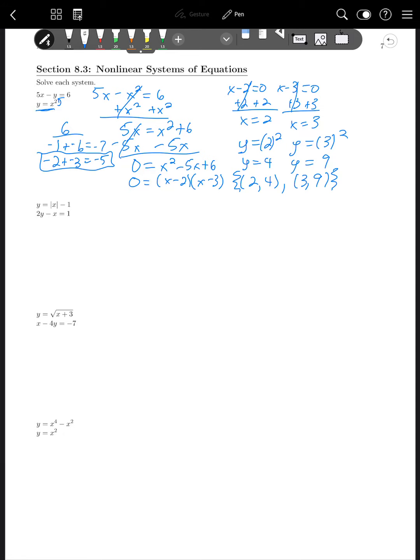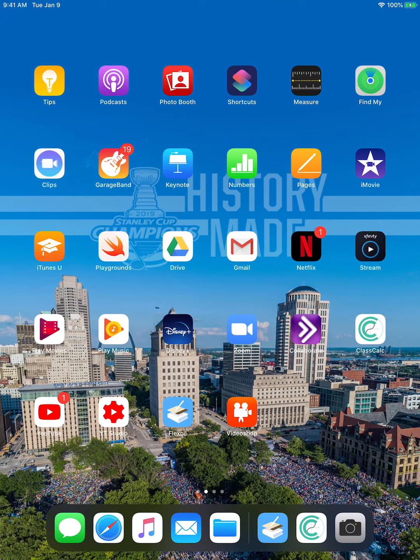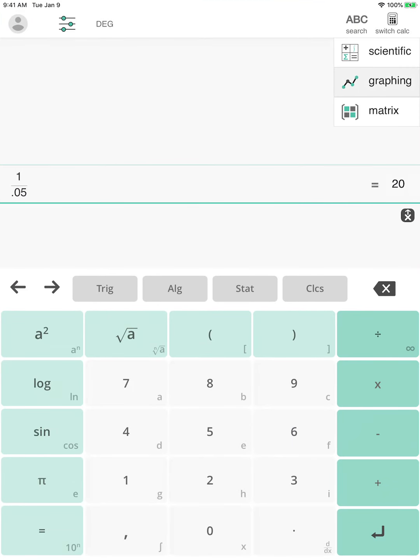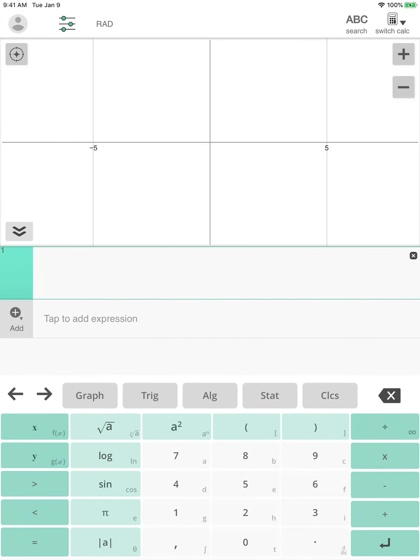But maybe an even easier and quicker way to solve most of these, if not all of them, is just to graph them. We've talked about how graphing can solve these. For example, we could graph the next one. If I graph y equals the absolute value of x minus 1, okay, we get that equation.